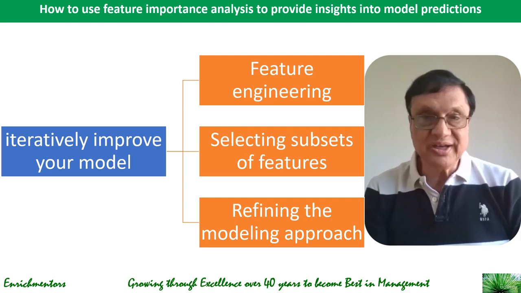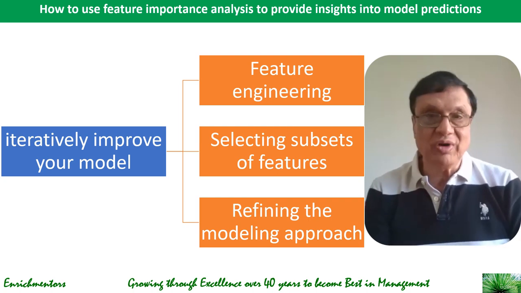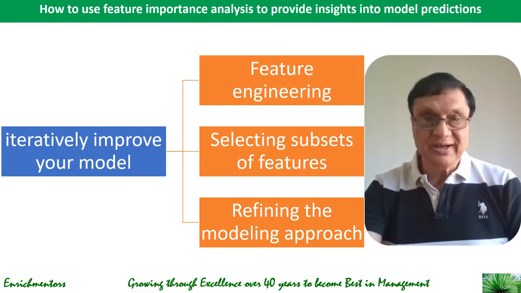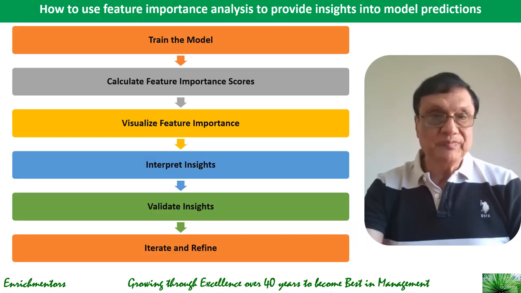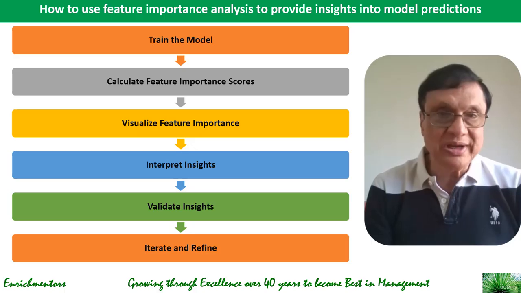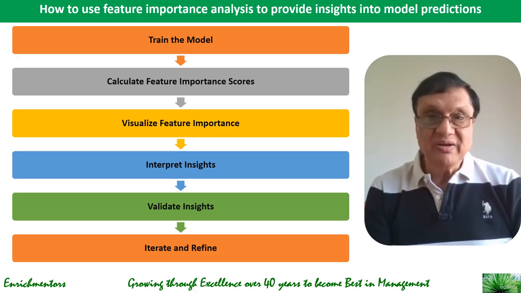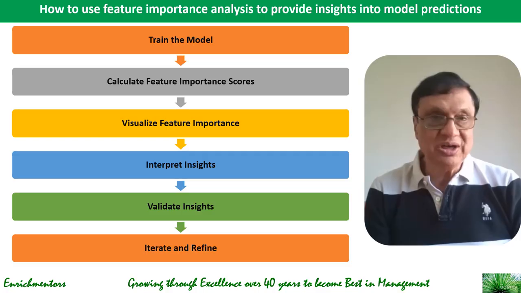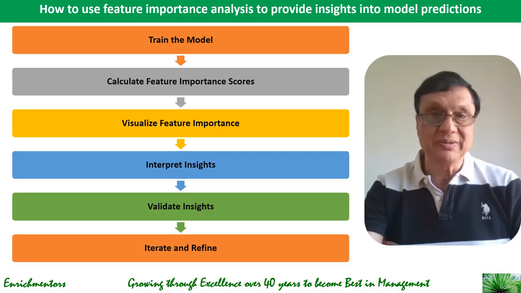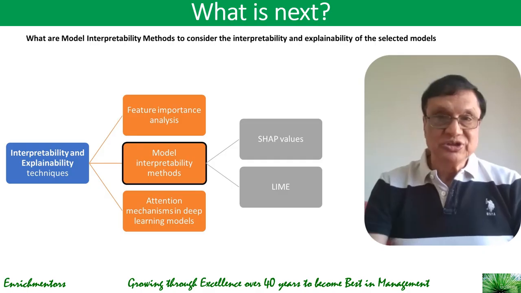We will take a look at some of these as we go forward in further sections, especially the feature engineering that can cover the first two parts of that. By following these steps, you can leverage feature importance analysis and gain valuable insights into your machine learning model's predictions and improve its performance and interpretability. So what is next?